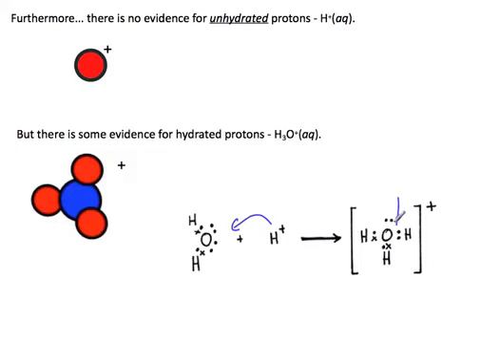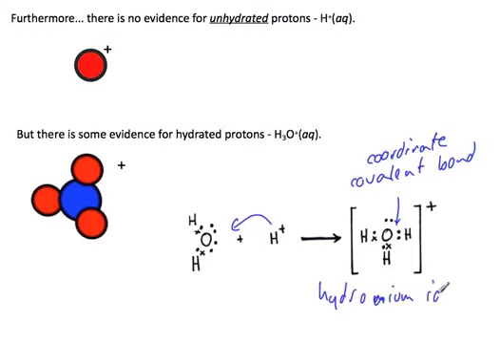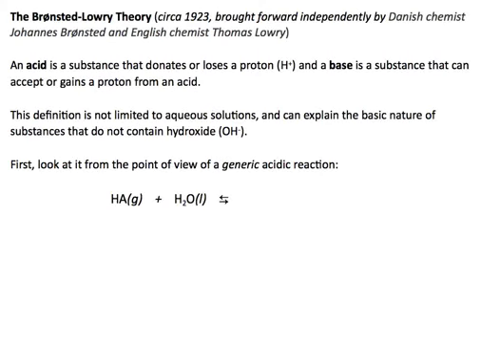And if that is the proton that was added there, you've seen this as a coordinate covalent bond, or a dative bond. We've seen that before. And so this is much more likely to be the case. You get this species formed, the hydronium ion. And so, again, the Arrhenius theory didn't really account for the presence of hydronium ions. So a new theory had to be developed.